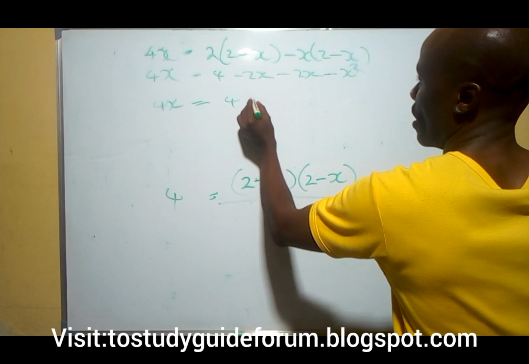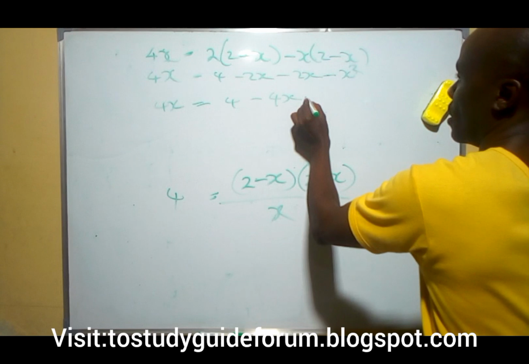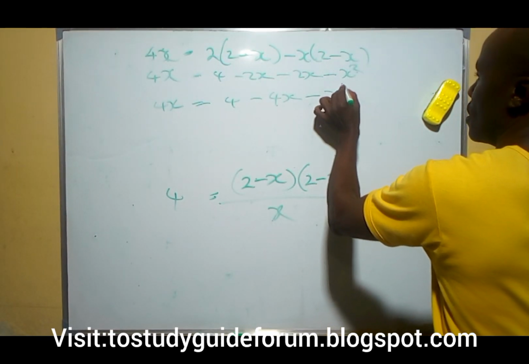So we have 4x equal to 4 minus 4x plus x squared.